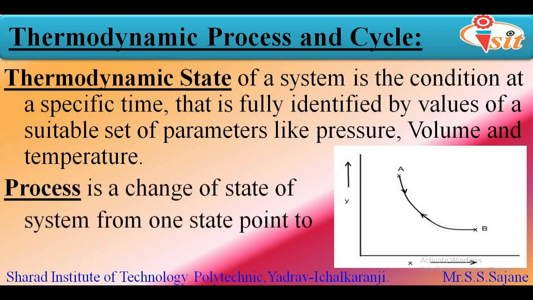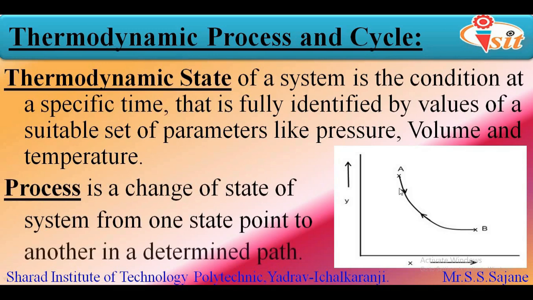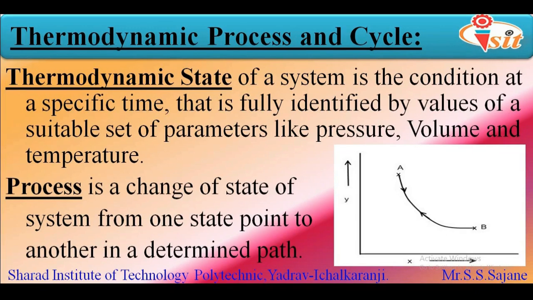Thermodynamic process is nothing but change of state from one point to another. As shown in this figure, we can see that a curve is placed in front of x and y axis. On these axes we will have some thermodynamic properties such as pressure, volume, or temperature. These points A and B are nothing but thermodynamic states.